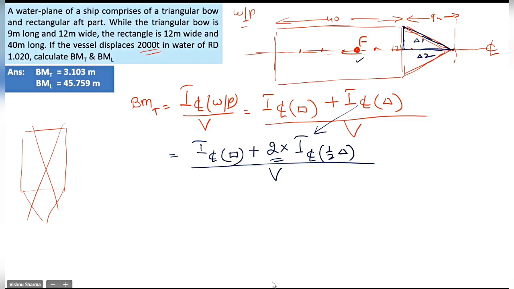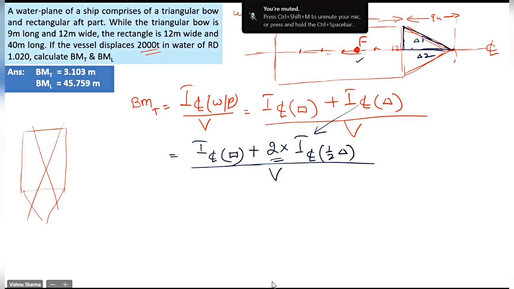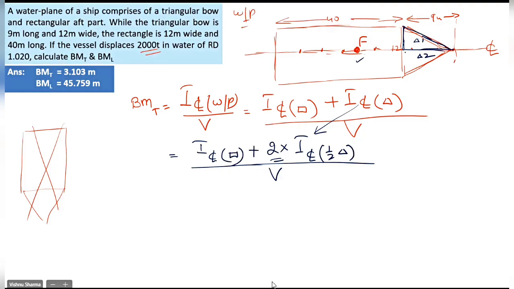So either I write ICL triangle 1 plus ICL triangle 2, or I can make ICL of half triangle multiplied by 2.